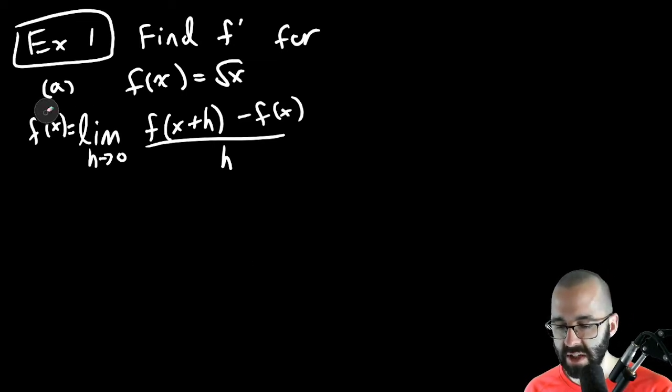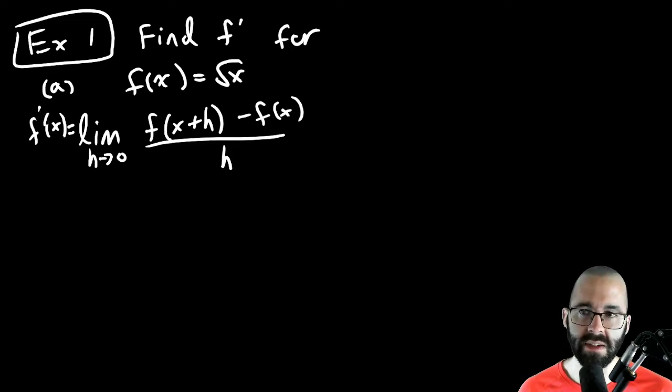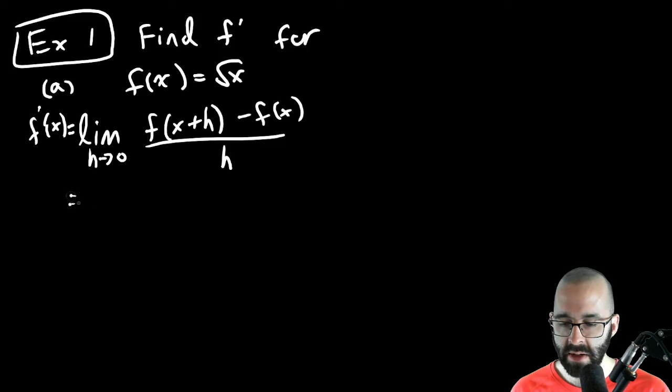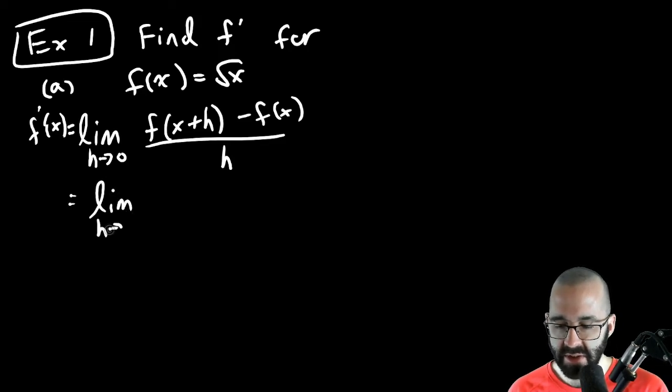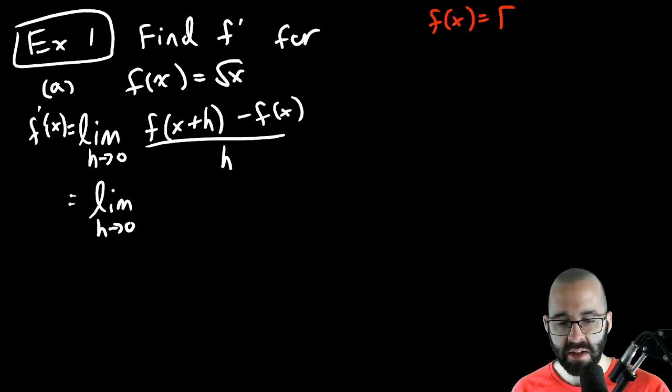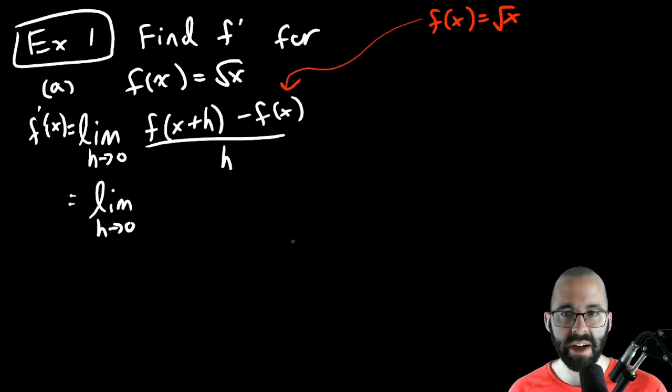That is what the derivative function is. The derivative function is just equal to this limit, where the limit exists. So the limit as h goes to 0. Be very careful when you're evaluating these. We know f of x equals the square root of x, so we'll replace f of x with the square root of x.